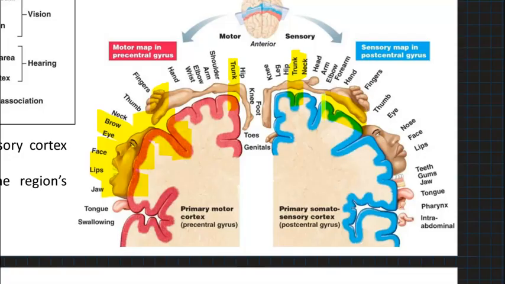Well, if it's not the size, then what? The part of the motor cortex that controls the body part does not depend on the size of that body part. It depends on something else.